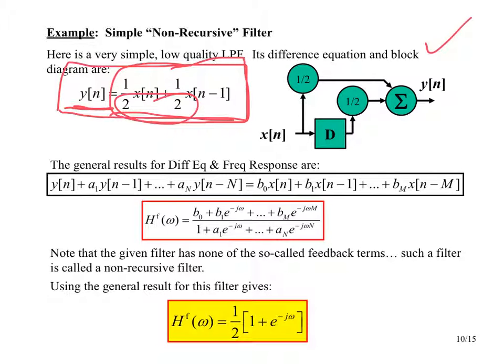So let's take a look at what this thing ends up looking like. We've got our generic difference equation, and we know how to get our generic frequency response from that. So if we apply that result to this difference equation, we can easily see how this works.